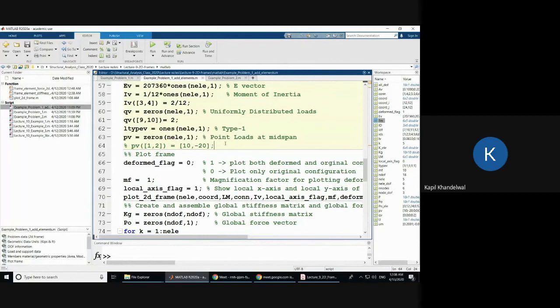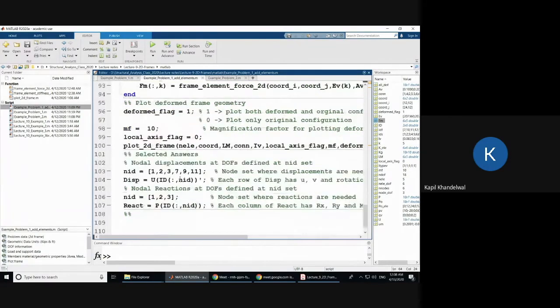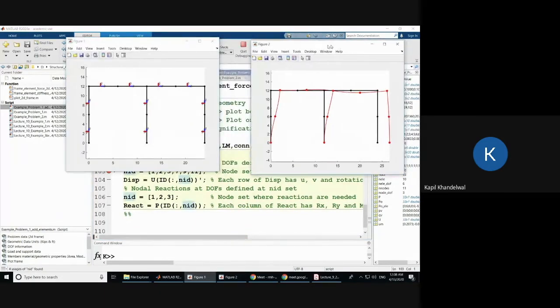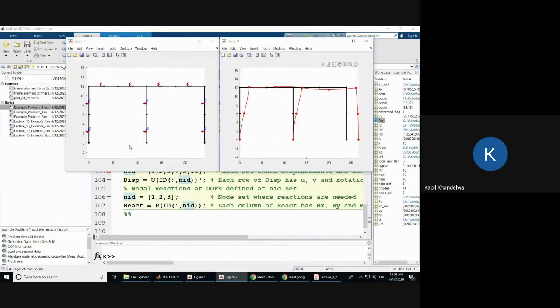None of the members have a point load at midspan. I can again plot this and show you the answers. This is how the system deforms, and these are the local X and Y axes.